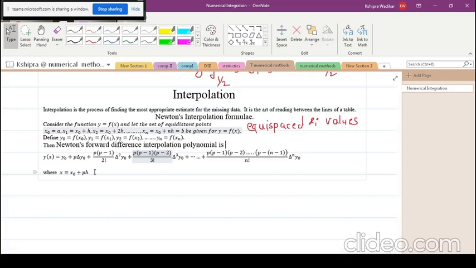Let us work out one problem for Newton's forward difference interpolation. Write down the question.